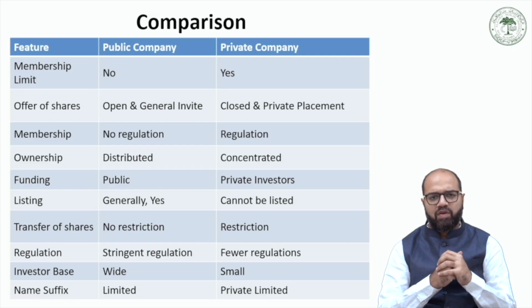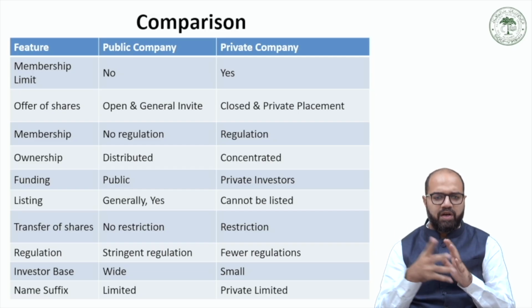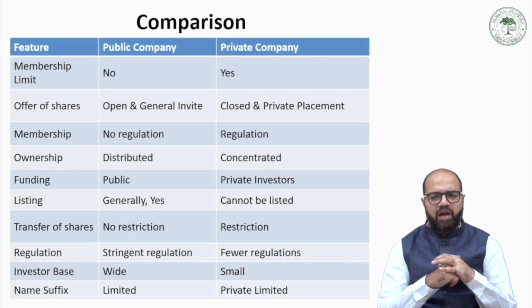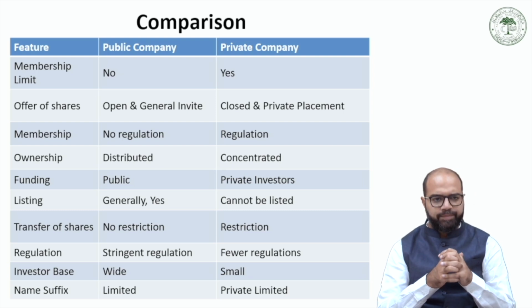So shareholders of a private company cannot just transfer their shares to anybody or everybody. They have to generally follow more stringent provisions which are put in by the promoters of the company under the Articles of Association relating to share transfer.